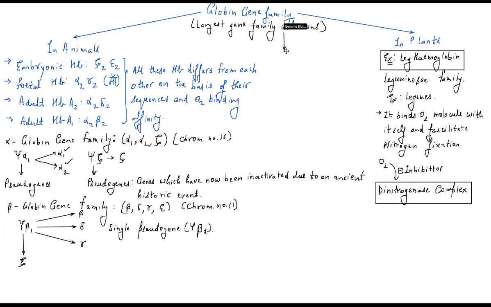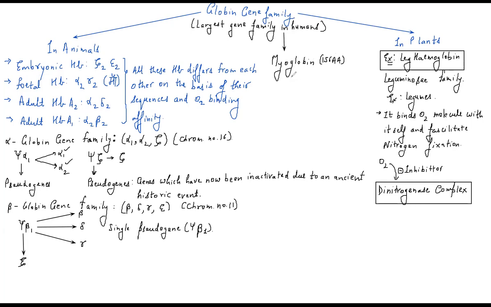Trying to move this particular arrow to this position, and that is referred to as myoglobin. Myoglobin, a protein of 156 amino acids. This is myoglobin, and this would be another protein.